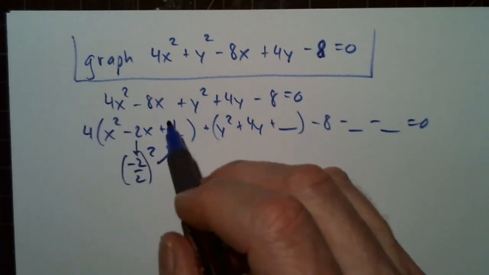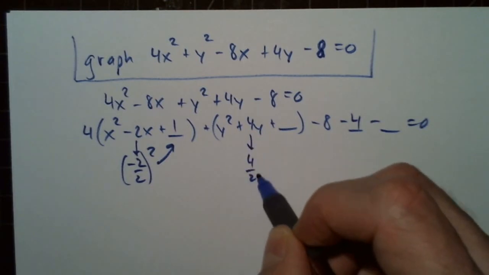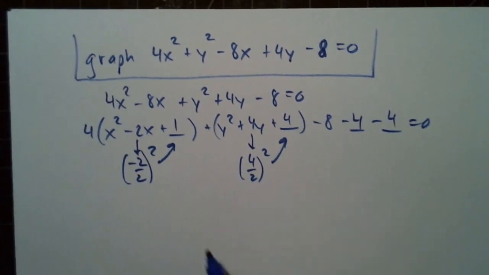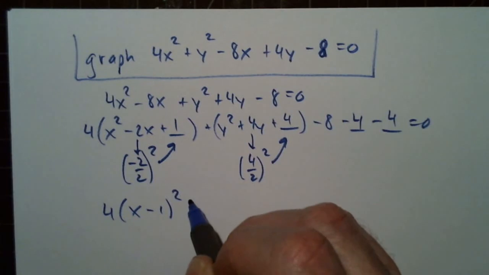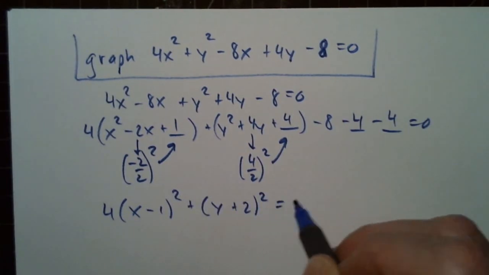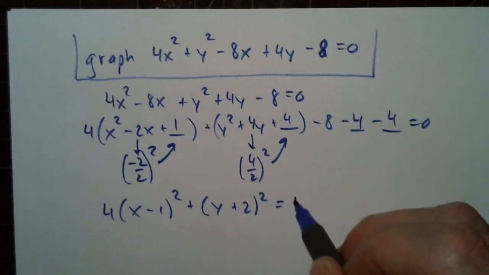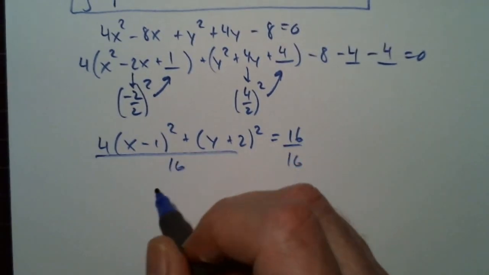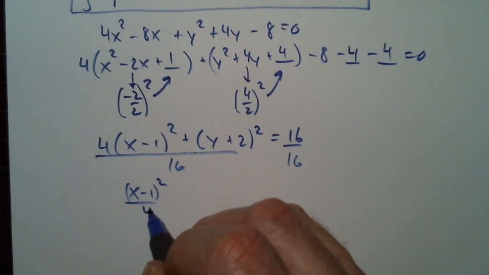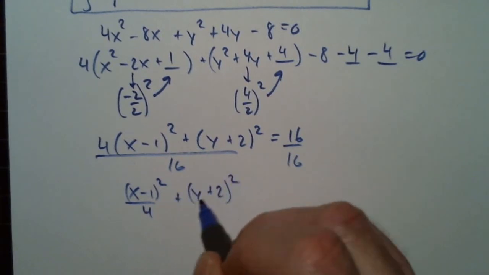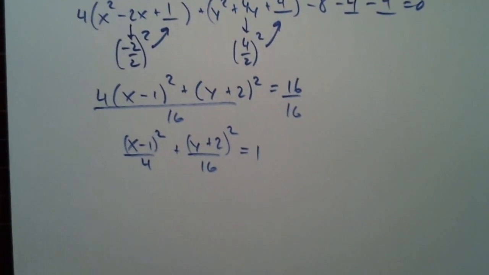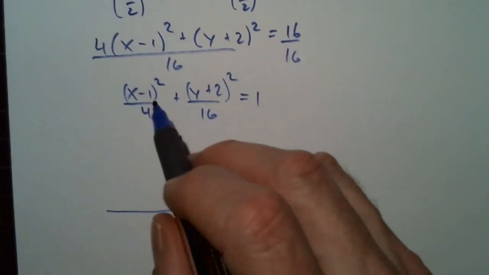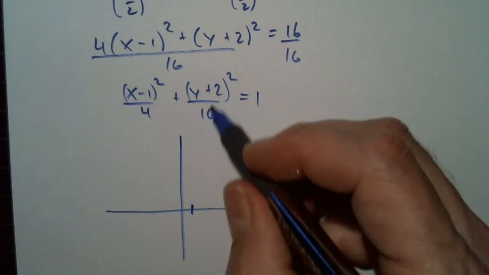We're going to write a 1, but it has a value of 4, so we subtract 4. This is negative 16, so we're going to add 16 and divide by 16. And the center will go right 1 and down 2.